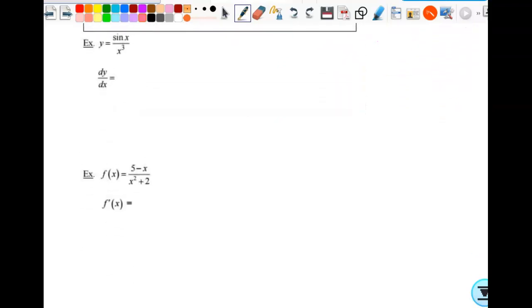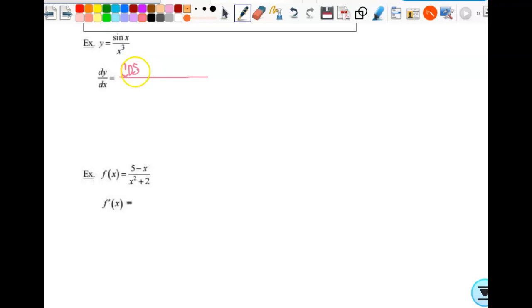So let's try this. This is y, so we want dy dx. So we're going to start with the derivative of what? Of the top, right? So the derivative of the top, or the first one, you can think of it as first and second. What's the derivative of sine? Cosine.